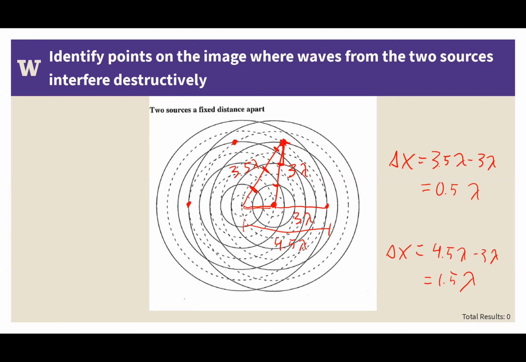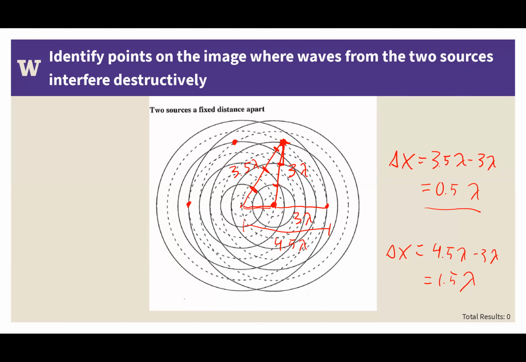So that means there's a path difference there of 0.5 lambda. I know that half lambda is going to give me destructive interference, so this isn't super surprising, but it's nice to be able to see this on a visual. It's nice to be able to just count out the wavelengths from each source and see that I do in fact have constructive or destructive interference when I have the right sort of path difference.